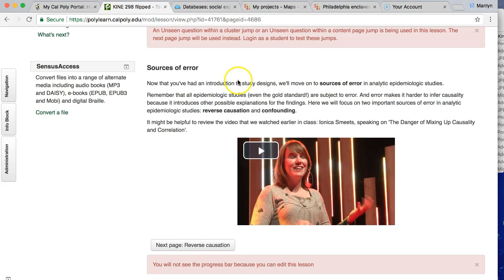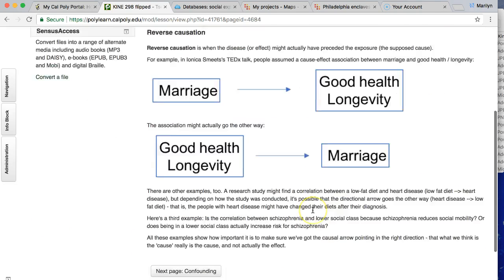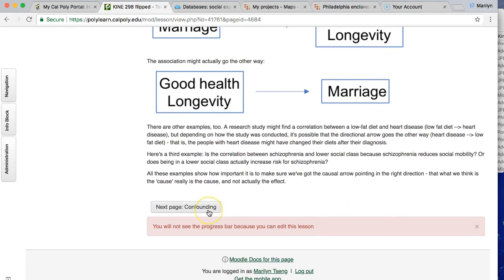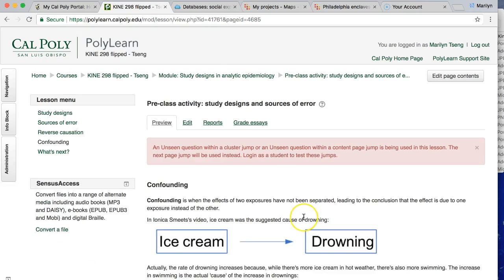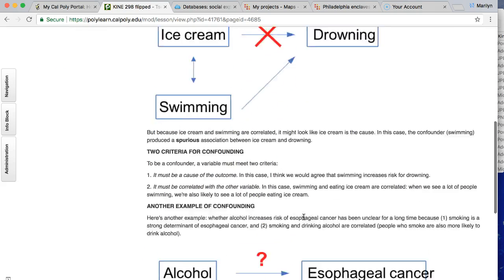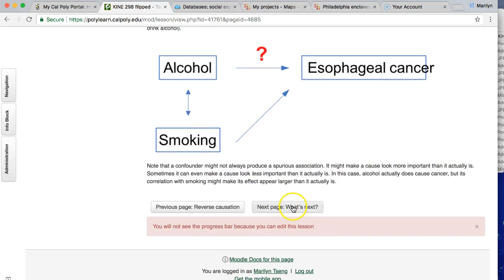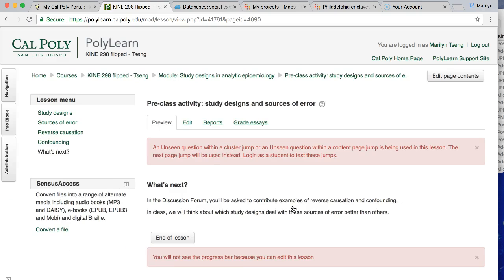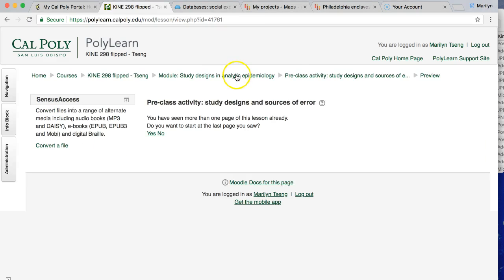It's a brief introduction, again referring back to a video that we would have watched earlier in the class, and then 2 additional pages of content on the 2 specific types of error. That would be the end of the lesson.